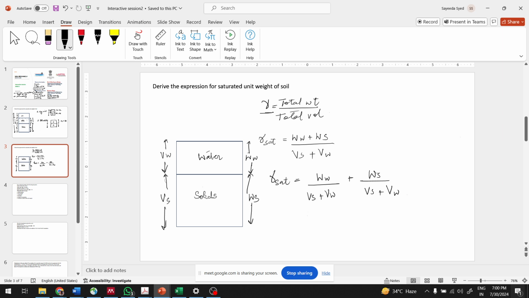So let's divide by volume of water here.